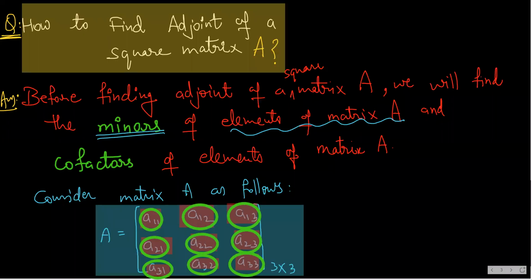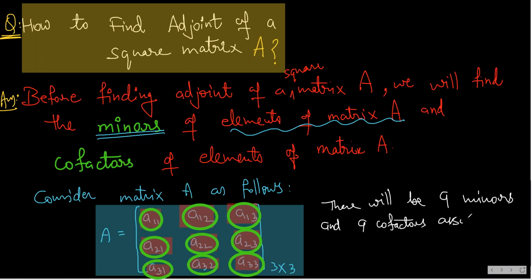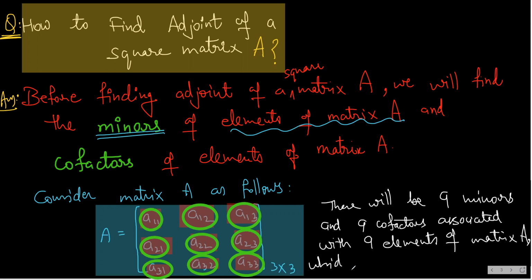So here you can write: there will be 9 minors and 9 cofactors associated with 9 elements of matrix A, which we have to determine, which we have to find before finding adjoint of A.